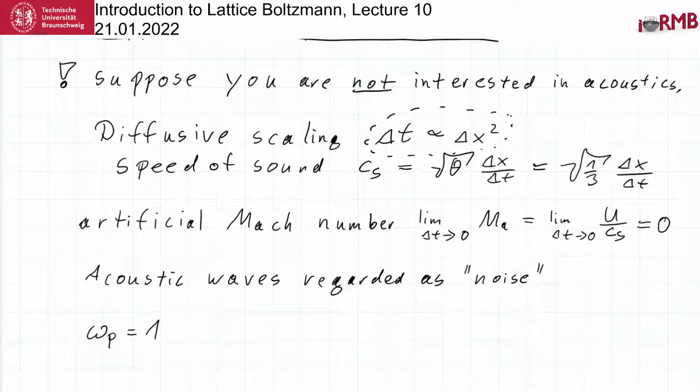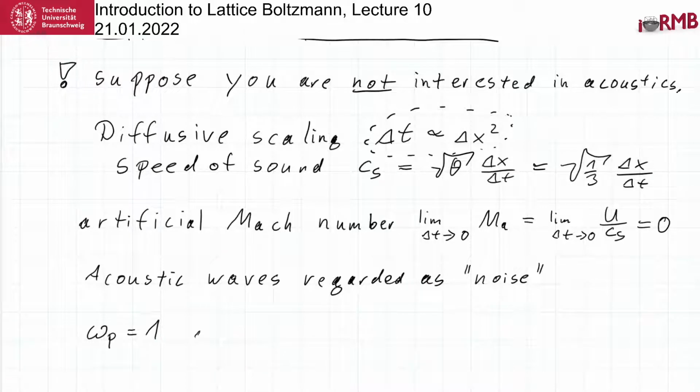Because what does it mean? You put omega p equal to 1. Omega p equal to 1 means that in each time step you relax your system towards equilibrium. So whatever information there was out of equilibrium is removed from the system.